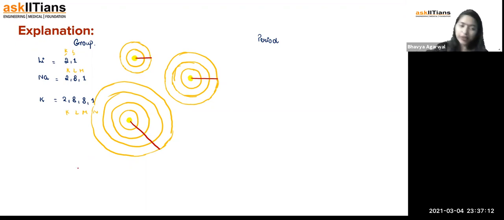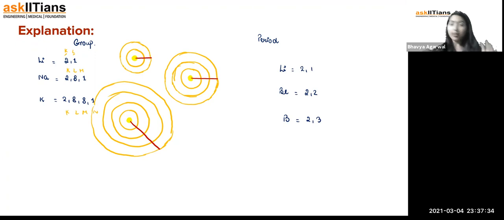Now let's talk about period. So for that, let's take 2 examples. Let's take lithium and beryllium. Let's take one more, boron. Now what is happening? The number of shells remains the same, right? They all have 2 shells.